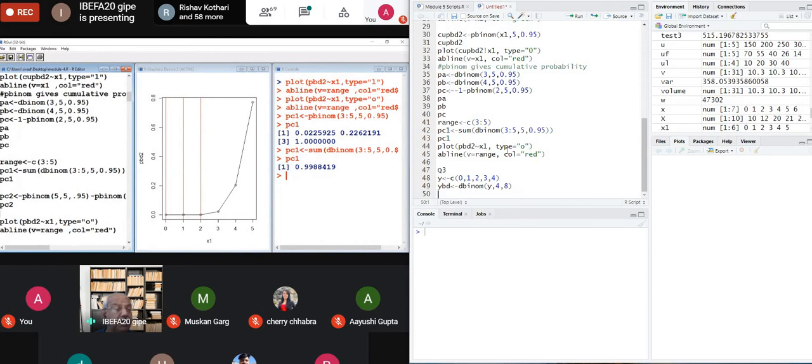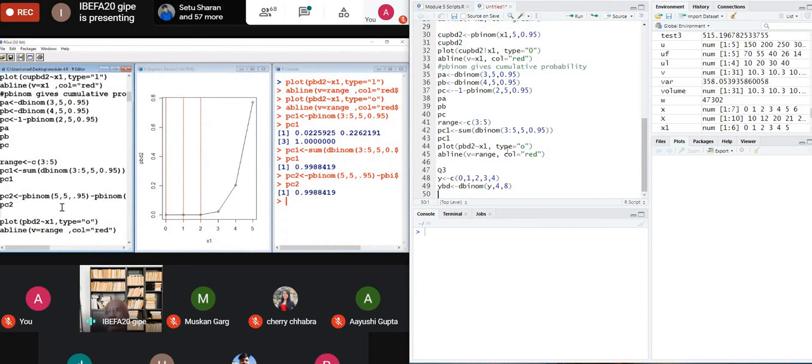It will never change. It is not going to give you a different answer, because you are finding the probability up to 5 and from there you are subtracting up to 2.